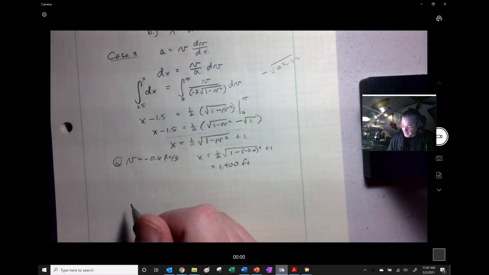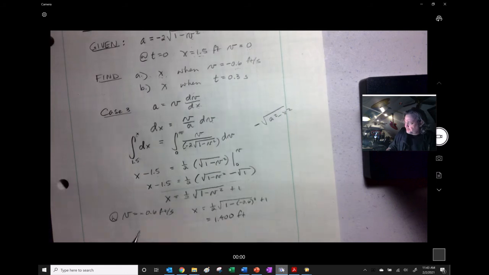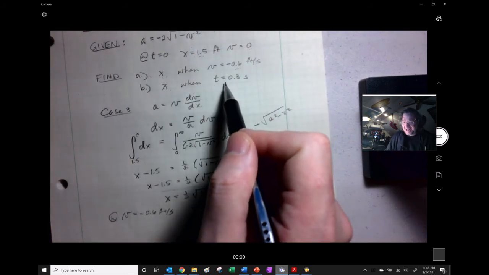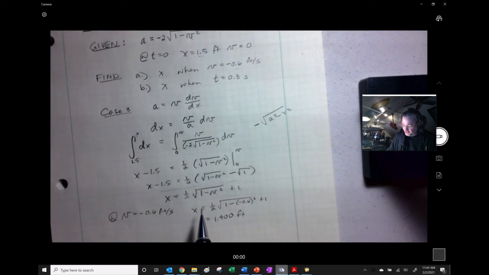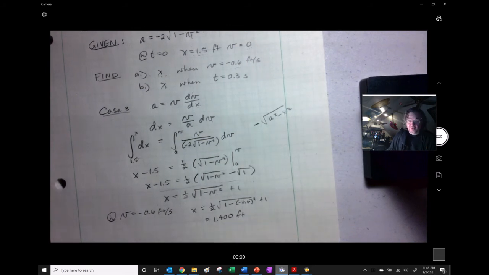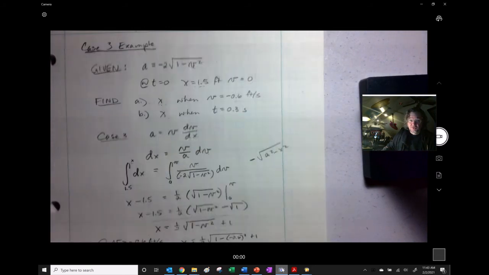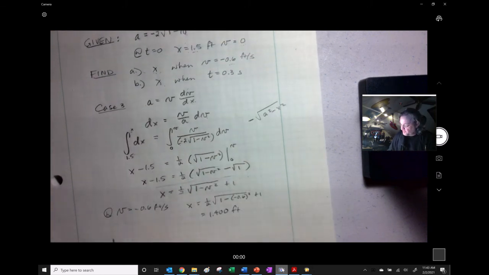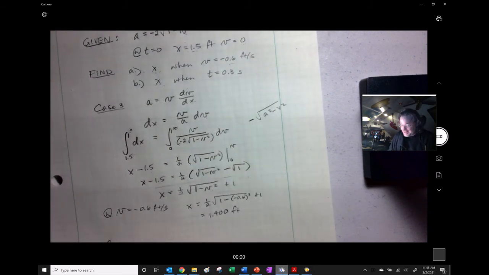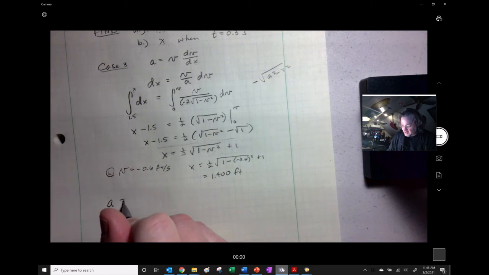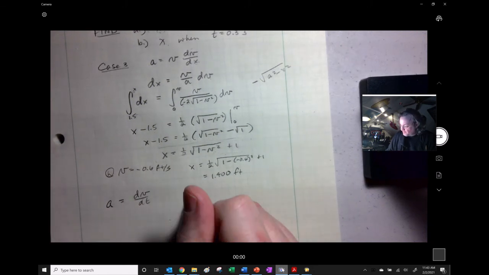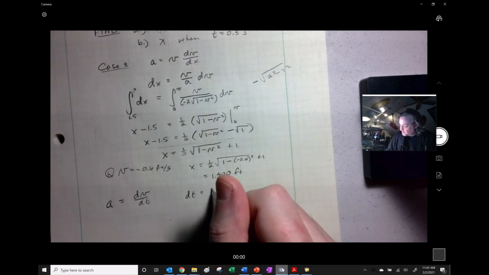And then for part B, now we want to find the position at a particular time. So we have to do the whole separate integral right here. We know this relationship, but now we want to solve for time. So we say that the acceleration is equal to dv/dt, and rewrite it as dt equal to dv over a.